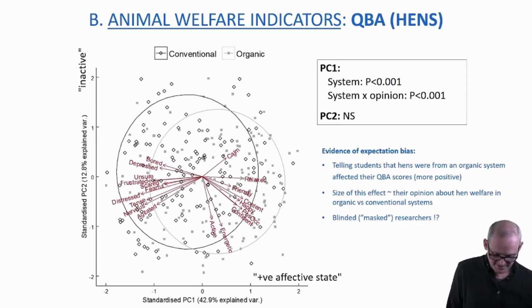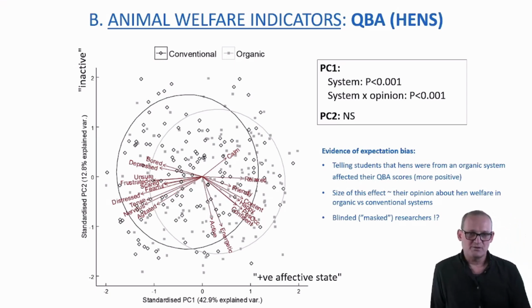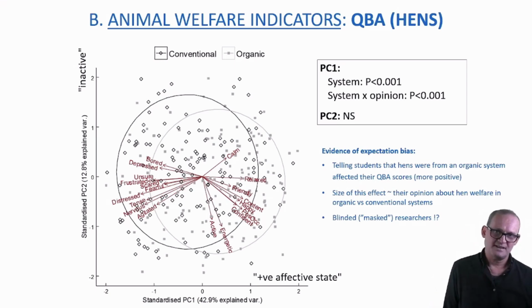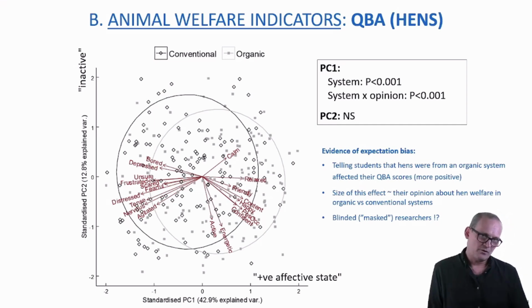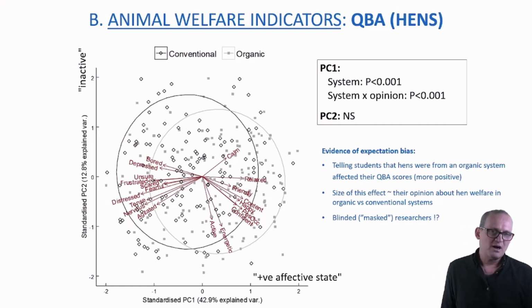So this illustrates what is good practice in science: the observer should be blind to whether the video recording was made on a conventional farm or an organic farm. But of course that is very difficult to do if you have to go to a farm and do a welfare assessment. You are influenced by factors you encounter there, and you can't be blinded to do the assessment.